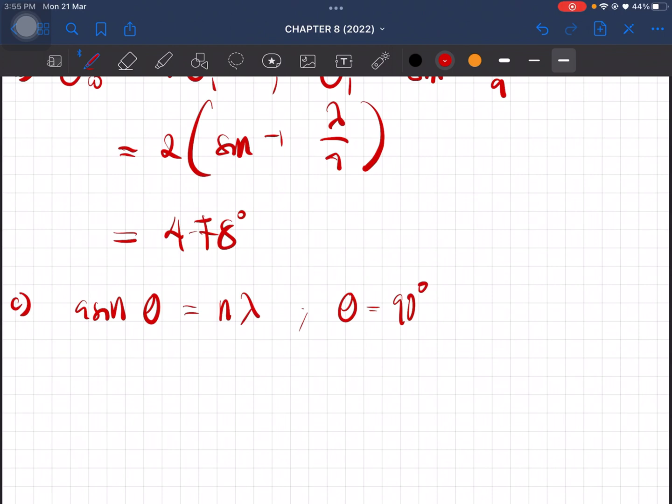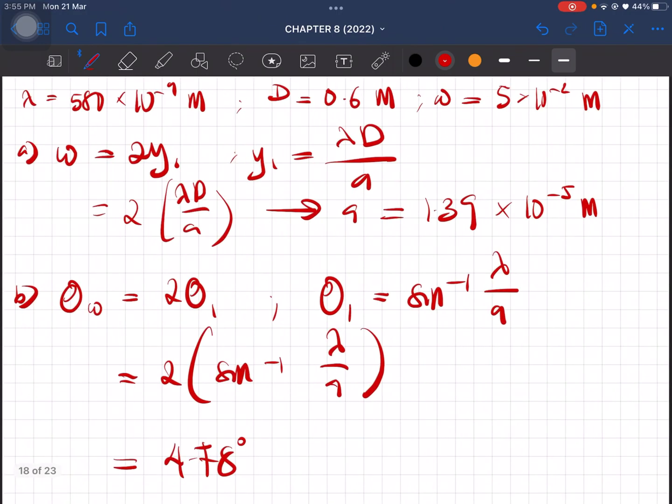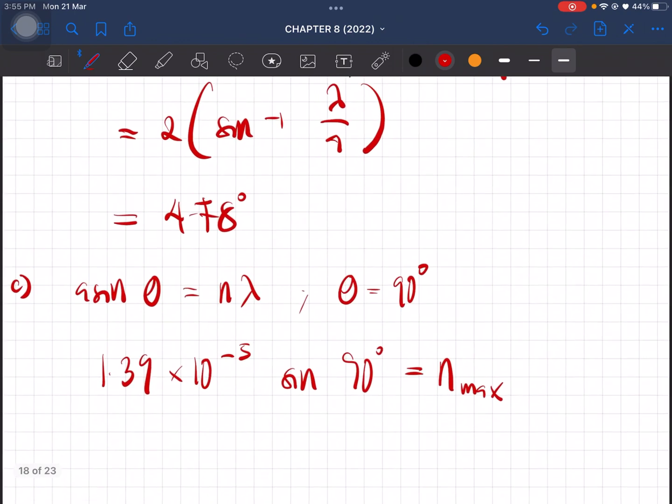So we are going to use 90 degree. So 1.39 is the slit width. So sine 90 degree, and we are looking for the maximum number of minimums that can be observed.